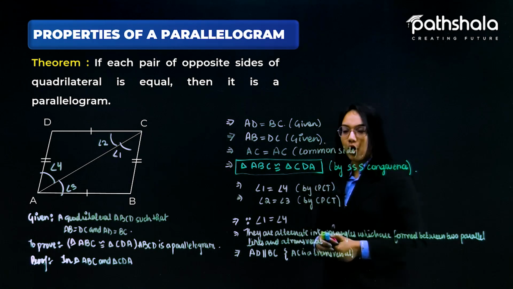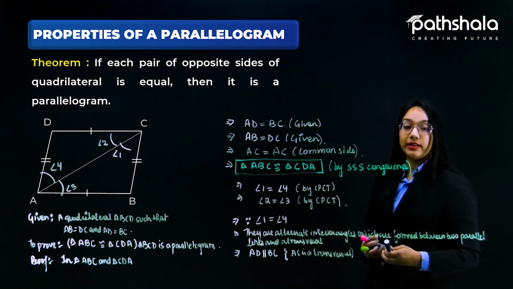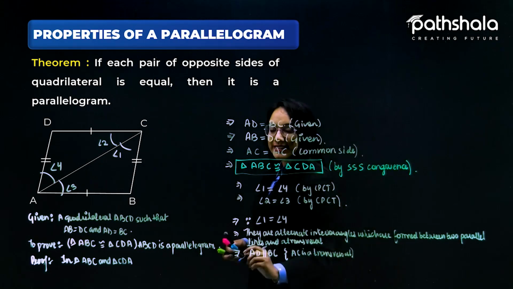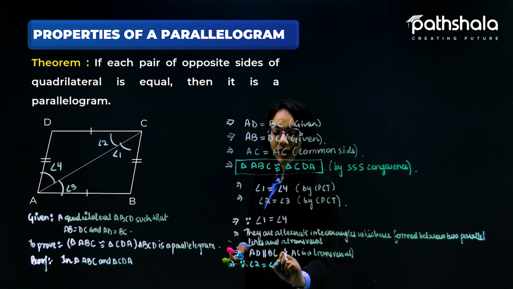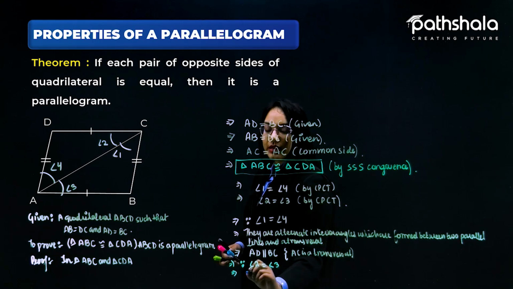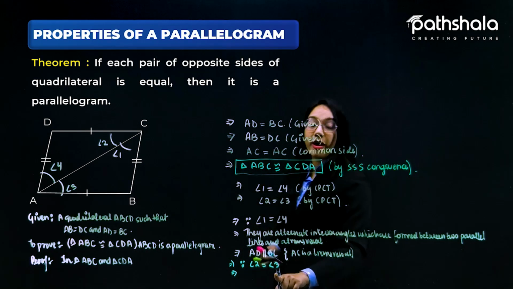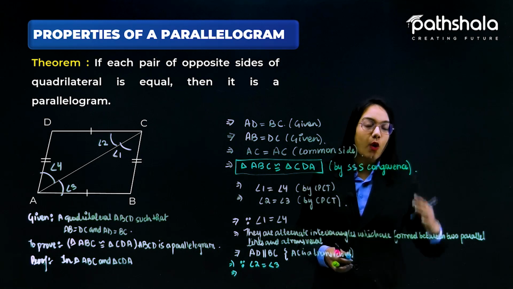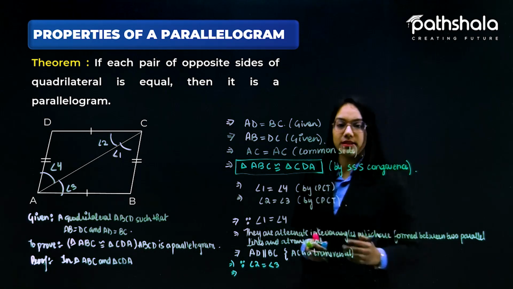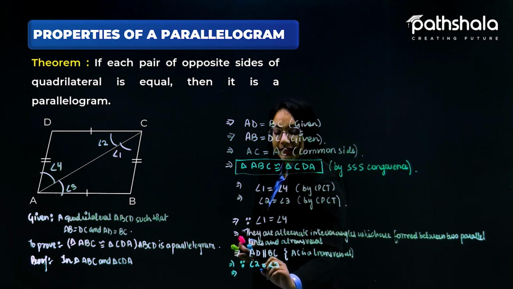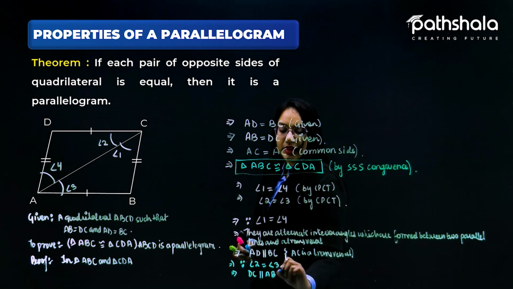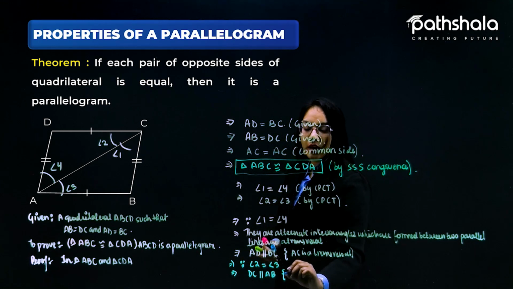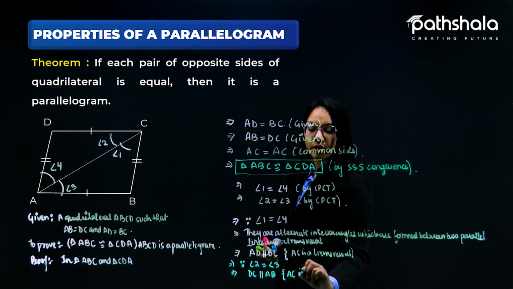And with the same concept for angle 2 and angle 3, what can we say? Since angle 2 is equal to angle 3, it implies that again they are forming a pair of alternate interior angles, which are always formed between two parallel lines. It implies that DC is parallel to AB, where AC again is a transversal.